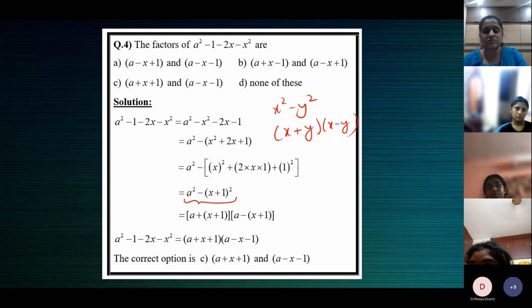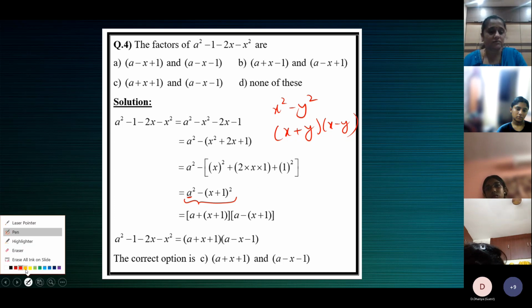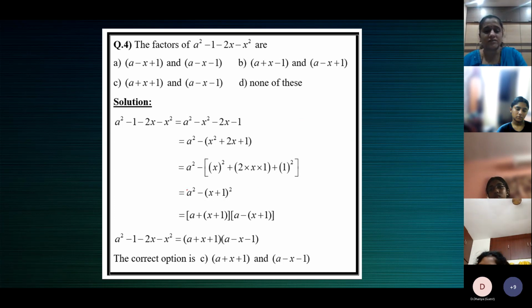Your x is a, because this is x squared. You can put a bracket here. Minus y squared. So x is a and y is x plus 1.